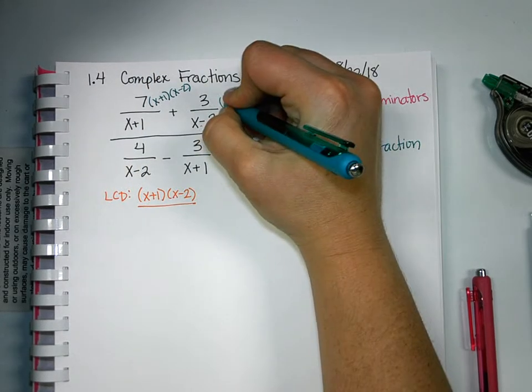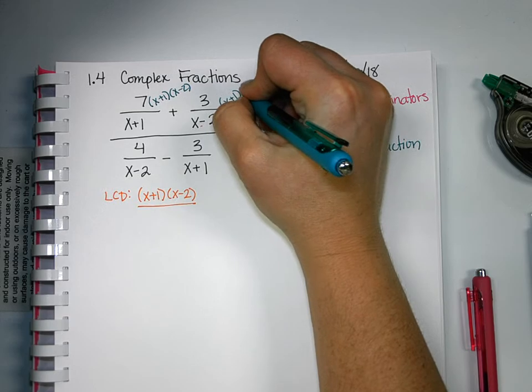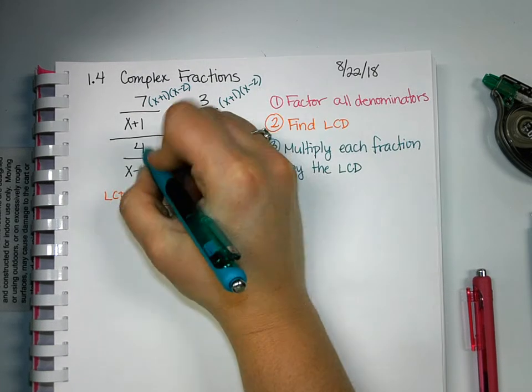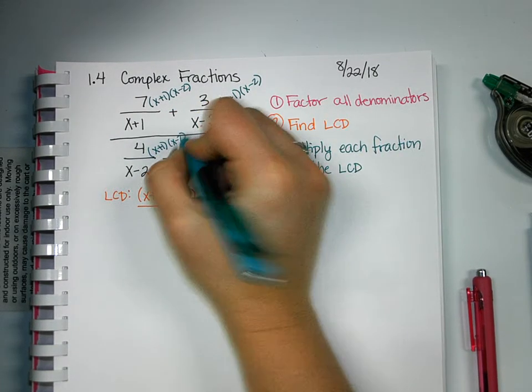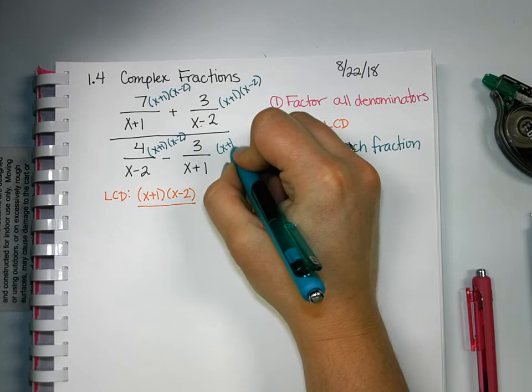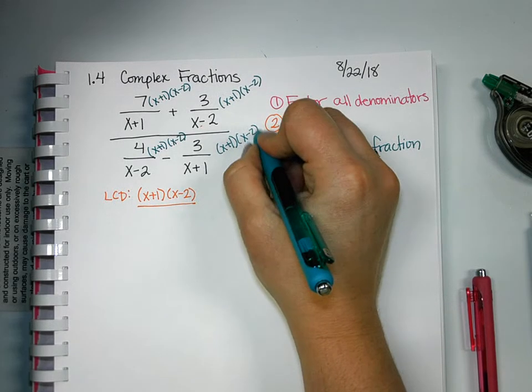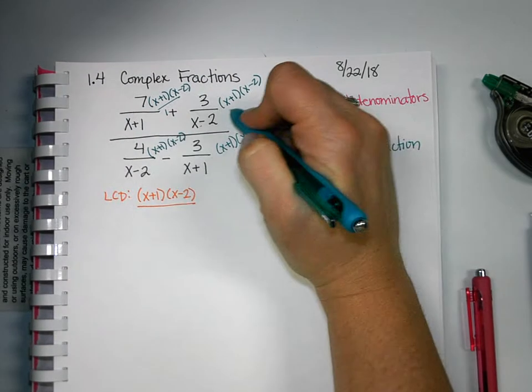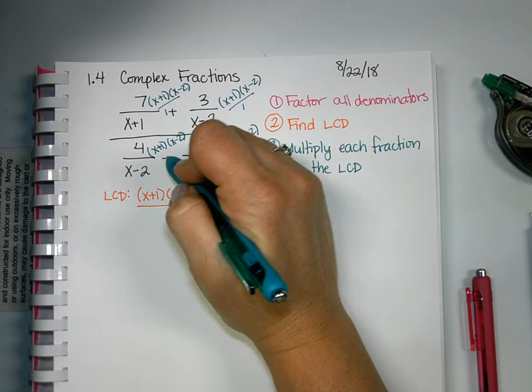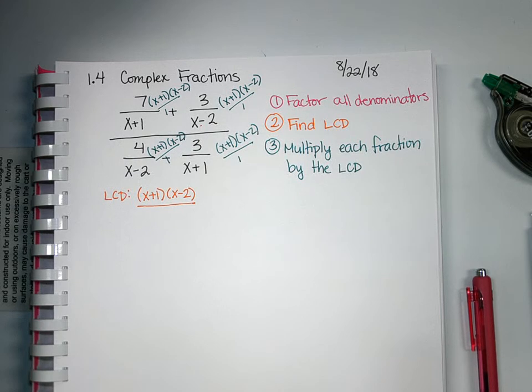I'm going to take this fraction and multiply it by x plus 1, x minus 2. And then each one on the bottom, x plus 1, x minus 2, and then x plus 1 times x minus 2. Now make sure you notice I'm not multiplying it to top and bottom, because that would be getting the common denominator. I am just multiplying the fraction. So all of these are over 1, and when we go to multiply them, we're really only multiplying it to the numerator, not to the denominator as well.